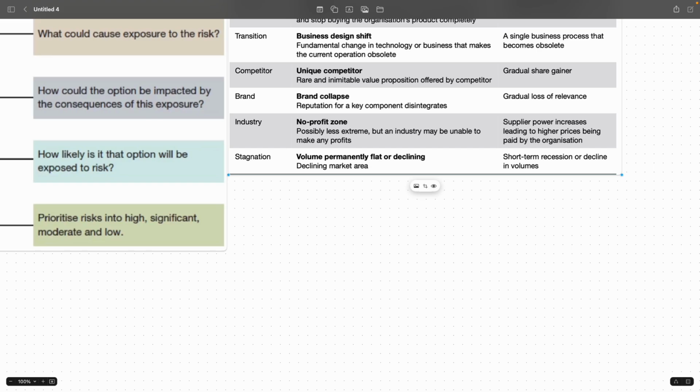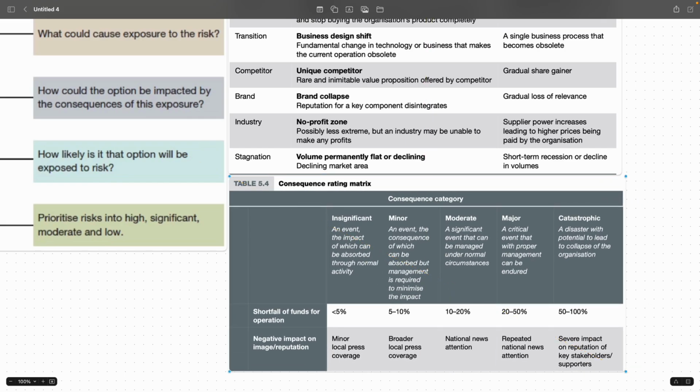Now, when you say consequences, notice the way we look at it is, okay. Consequences is this one.